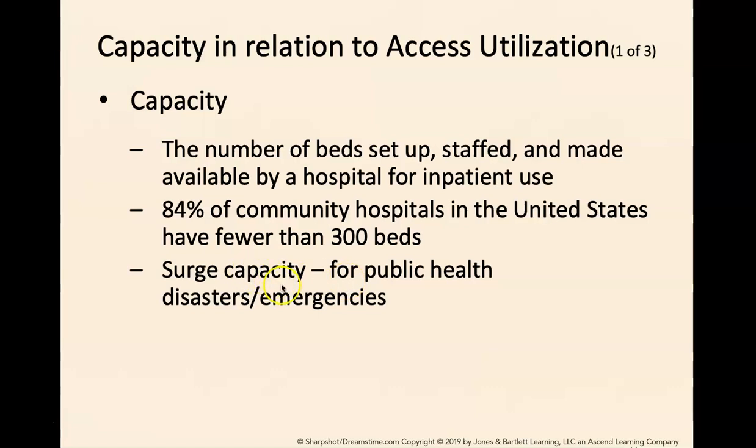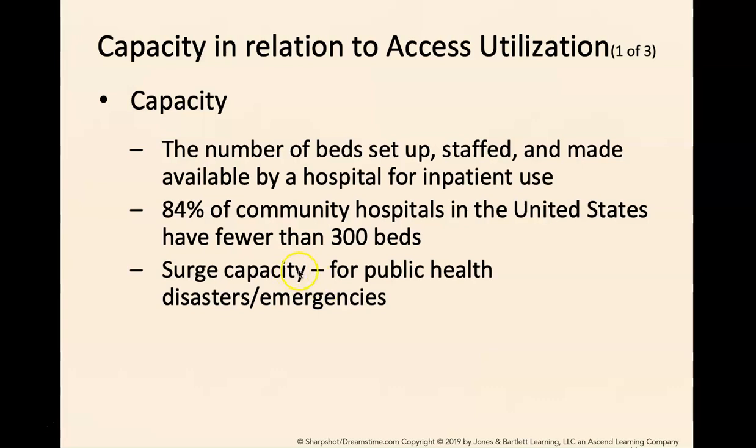Surge capacity is something else that we look at, but this is more as a response for after 9/11 and also right after post-Hurricane Katrina, where there was a public health disaster and there was an increased need for hospitalizations. And hospitals were not ready to take in patients more than the capacity that they have, the number of beds that they have.